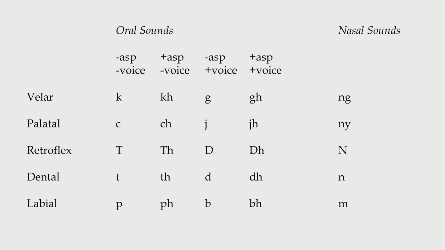And in this chart you see the place of articulation for ka. The sound ka is called a velar sound, cha is called a palatal sound, ta is called a dental sound, and pa is called a labial sound. So keep these four sounds in mind: ka, cha, ta and pa, that are velar, palatal, dental and labial.